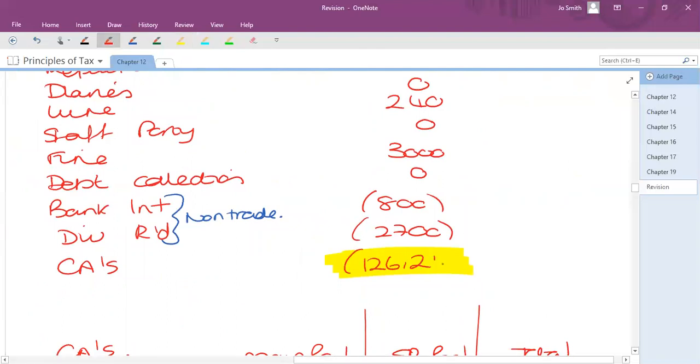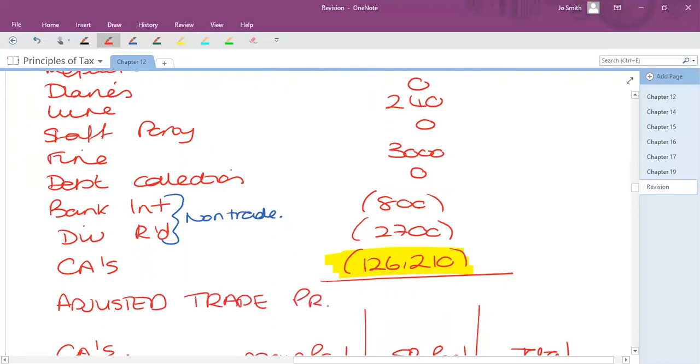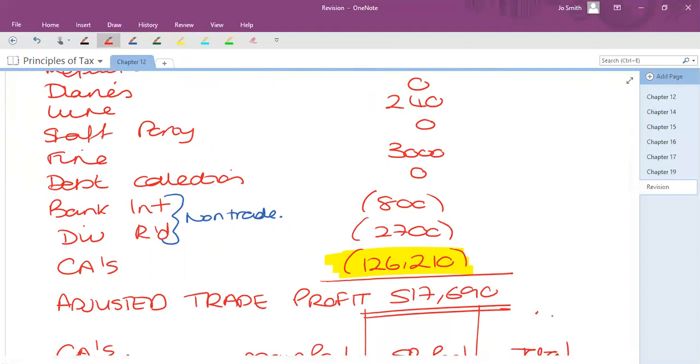So that's the relief I'm going to get. And then I get my final adjusted trade profit or income, whatever you want to call it, which is 517,690.